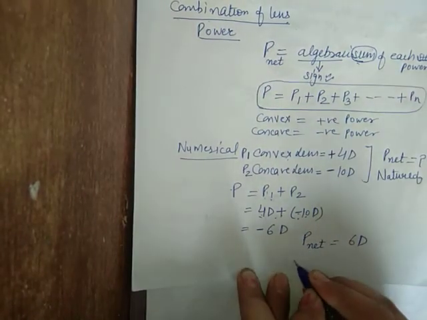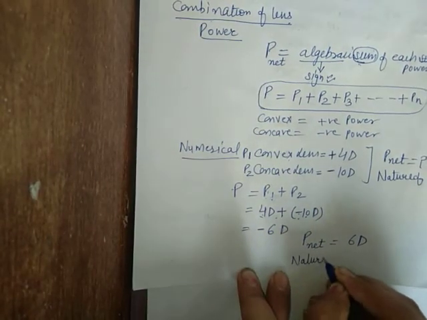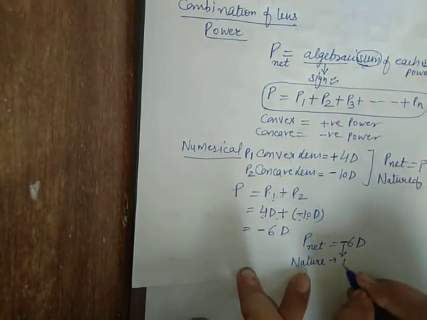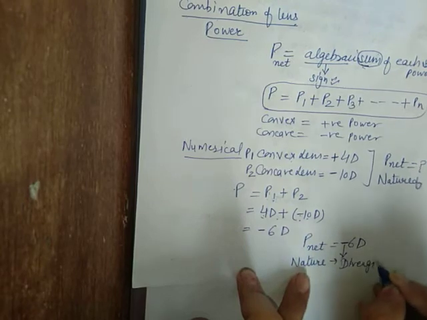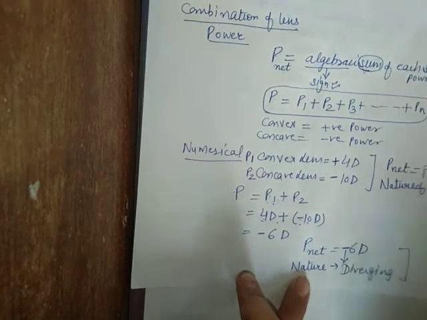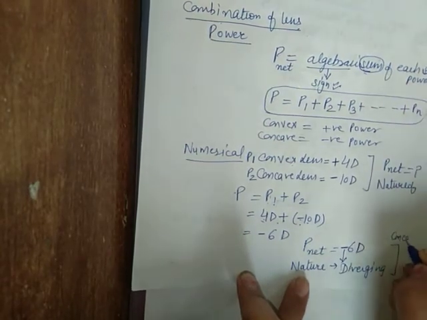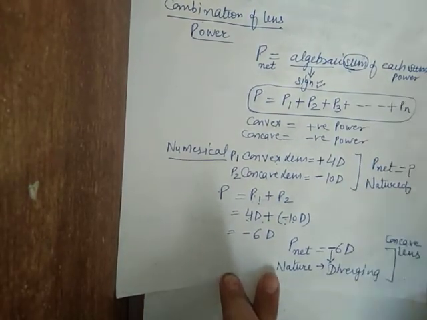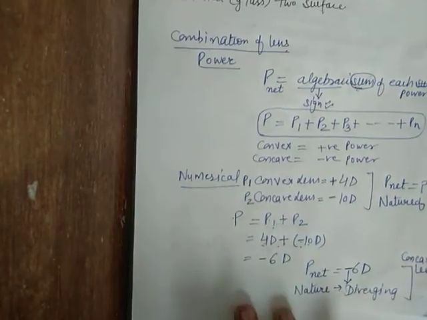And what about nature? Because power is negative, its nature will be diverging nature. So the system will act as a concave lens, because we know the concave lens is having diverging nature.